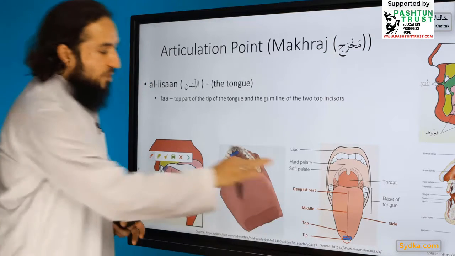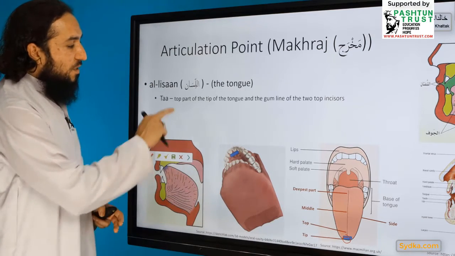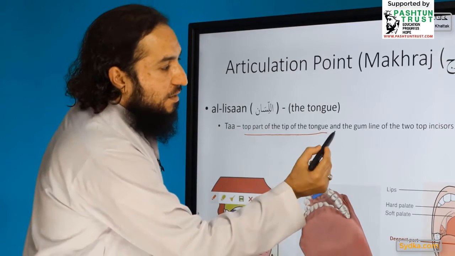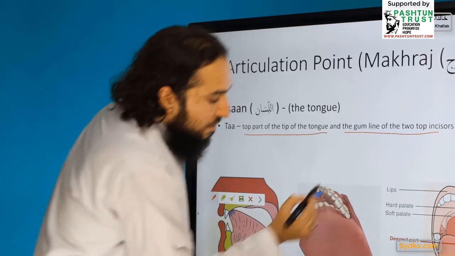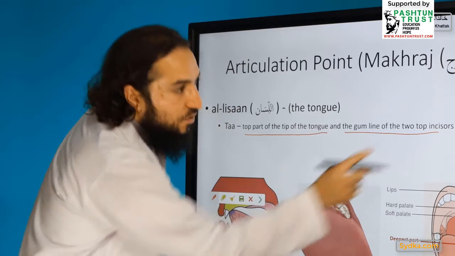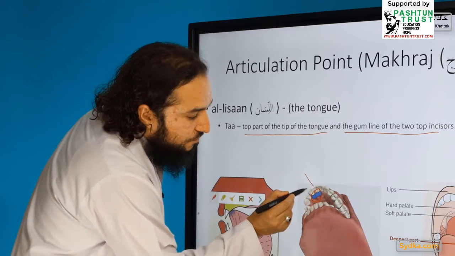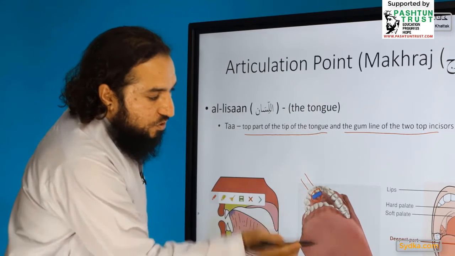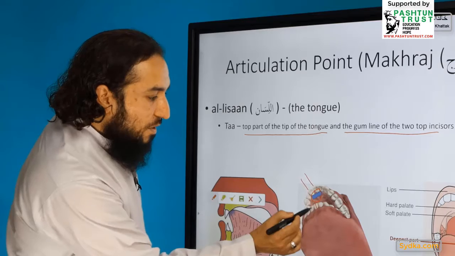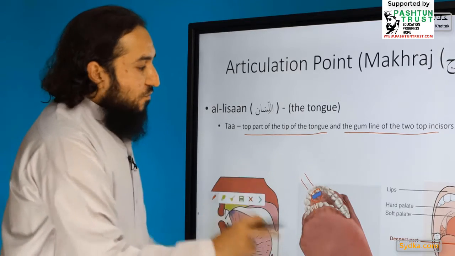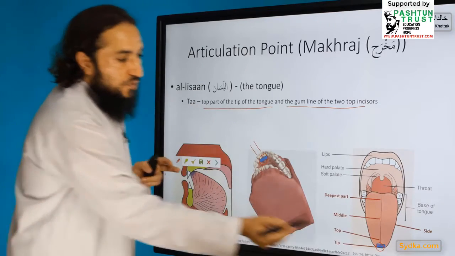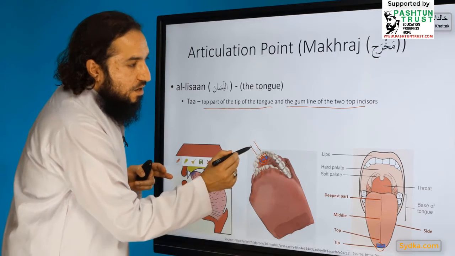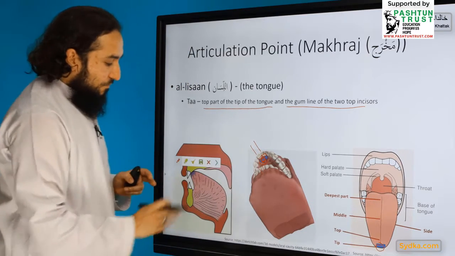So for this particular alphabet we will be using the top part of the tip of the tongue, and the gum line of the top incisors. These two teeth are called incisors. That's the top incisors, and opposite to them are the bottom incisors. So for this one, we use the top part of the tip of the tongue and the gum line of the top two incisors.